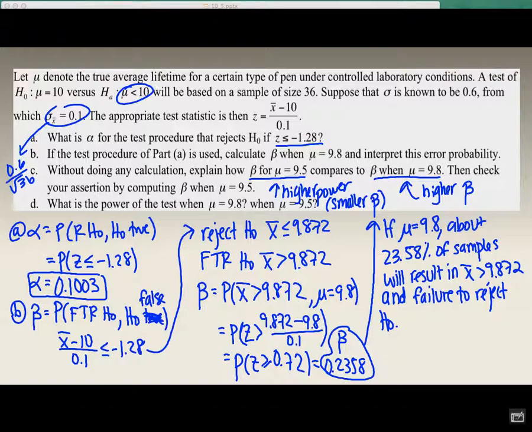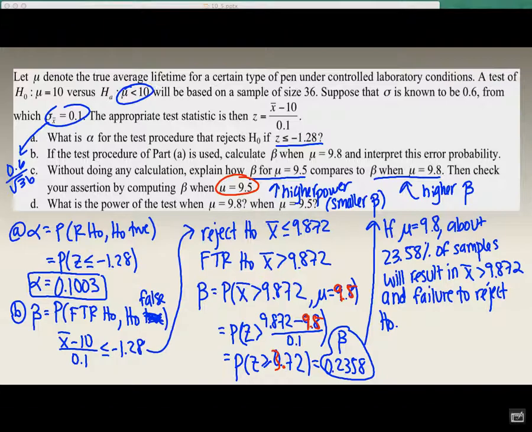Okay, so then it asks us to actually compute beta when mu equals 9.5. We're basically going to be doing the same process again. Where can I start? Yeah, the z-score. Okay, so this changes to 9.5, and this changes to 9.5. That changes your z-score all the way to 3.72.